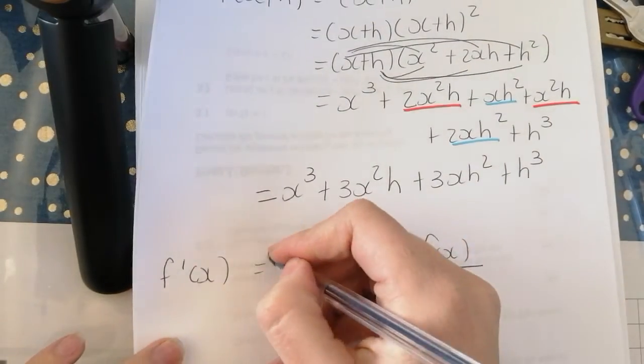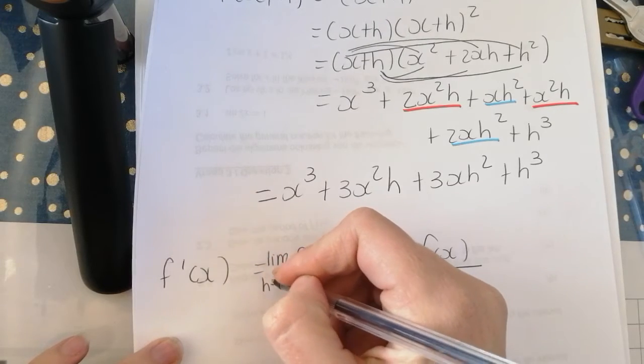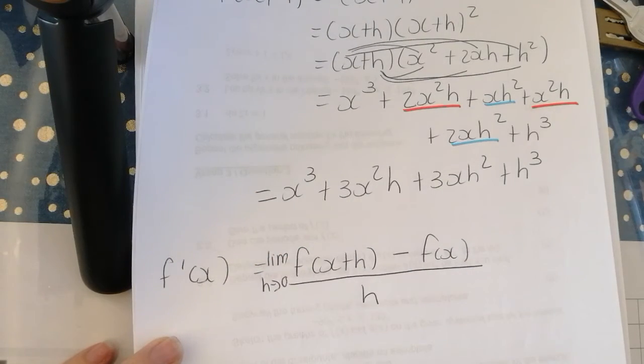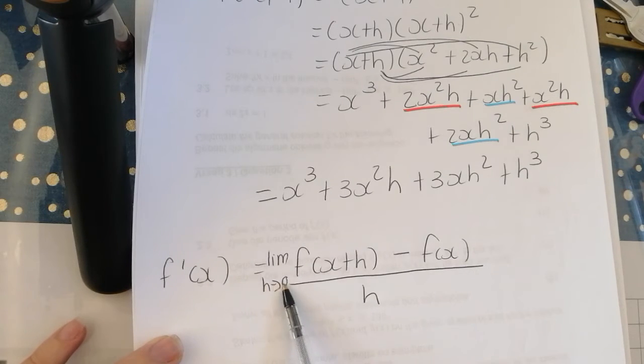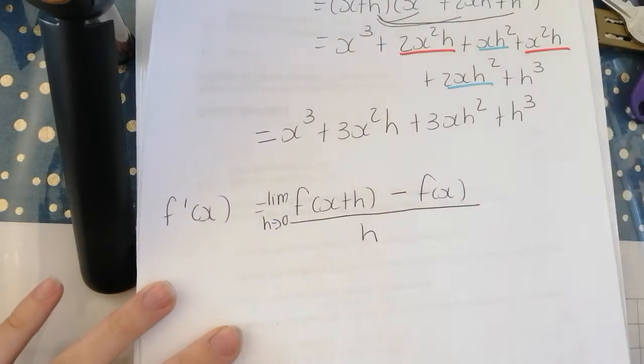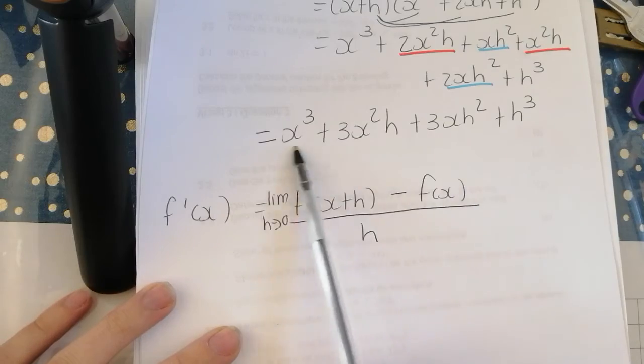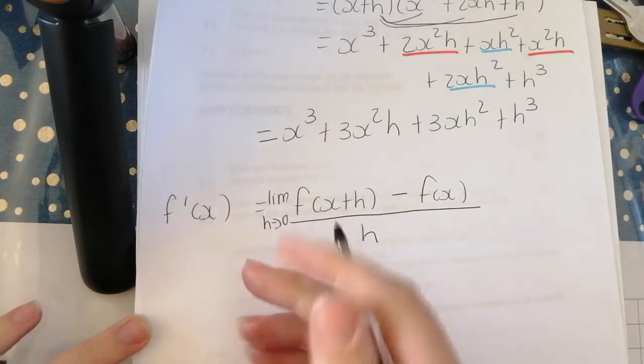And remember, it is the limit as h approaches 0. So now we're going to continue and write the limit as h approaches 0 up to the point where we actually substitute h equals 0. Okay, so we have the value of f of x plus h right there. So we can substitute this in now.